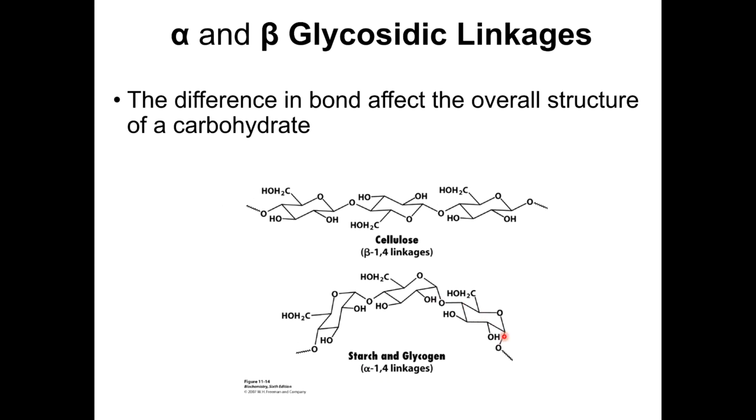There is a big difference between an alpha and a beta bond in terms of structure, which correlates also to the function. This is a structural molecule. This is an energy storage molecule, glucose, and therefore energy storage type of molecules. The fact that it curves allows for compacting more molecules per unit of space than if it were linear.